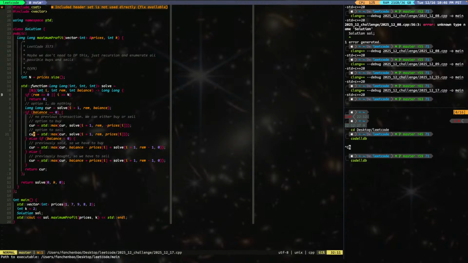I think here is wrong. So balance is smaller than 0. Previously sold. Right? I sold. Now I have to buy it back. So sold. No, this is previously bought. Now we have to sell. Right?